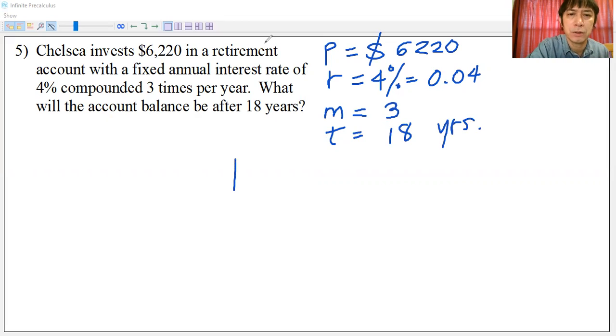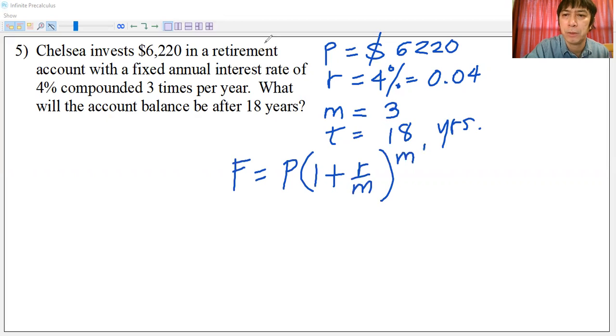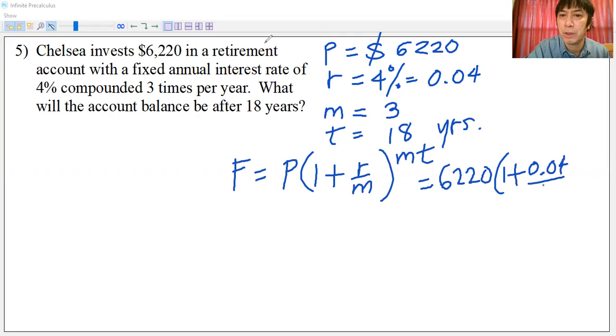Okay, formula is final amount is equal to present amount times 1 plus R over M raised to the power, the product of M and T. So this is 6,220 times the quantity 1 plus 0.04 over 3 raised to the power 3 times 18.